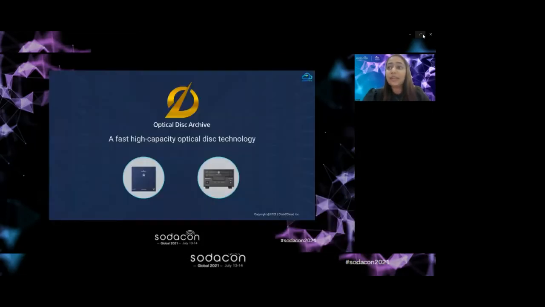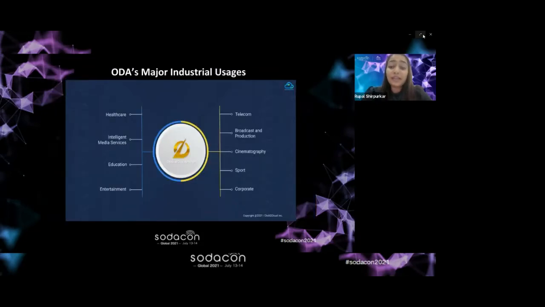So if you look at the optical disk archive, this is one of the best solutions that we have been working on with Sony, encountered specifically in telecom, photography, media broadcast and production, sports, corporate entertainment, or the education industry, and especially healthcare as well.